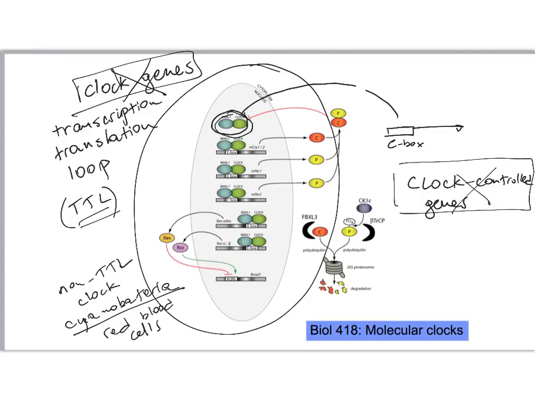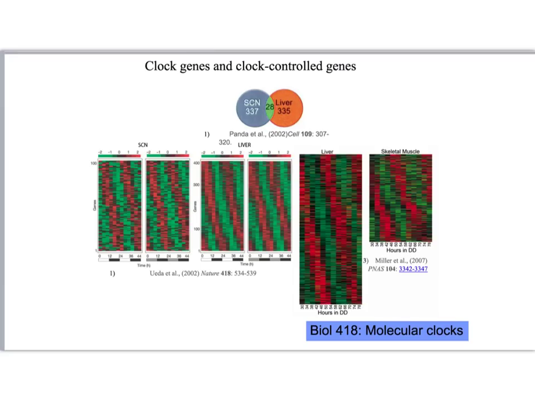I said that a great percent of genes in the genomes of mammals and all the animals that have been studied are indeed under circadian control. And in fact, I showed you this slide that shows the genes that are transcribed in a rhythmic fashion.